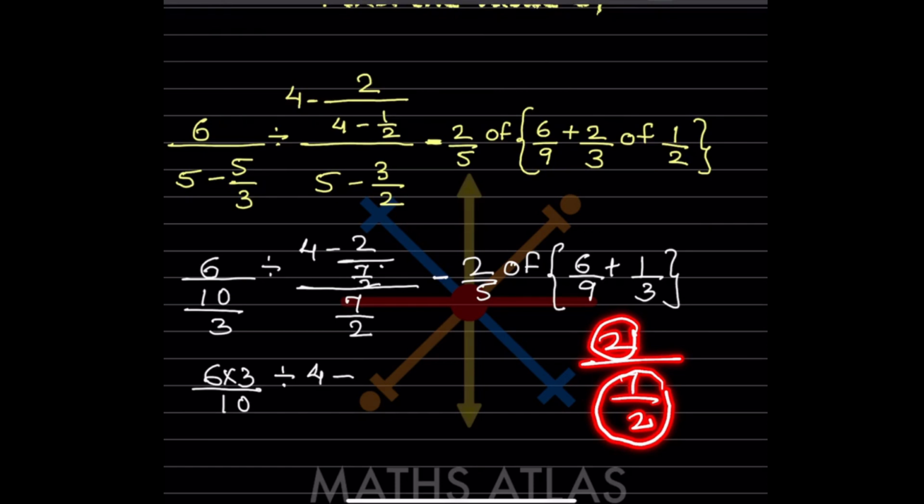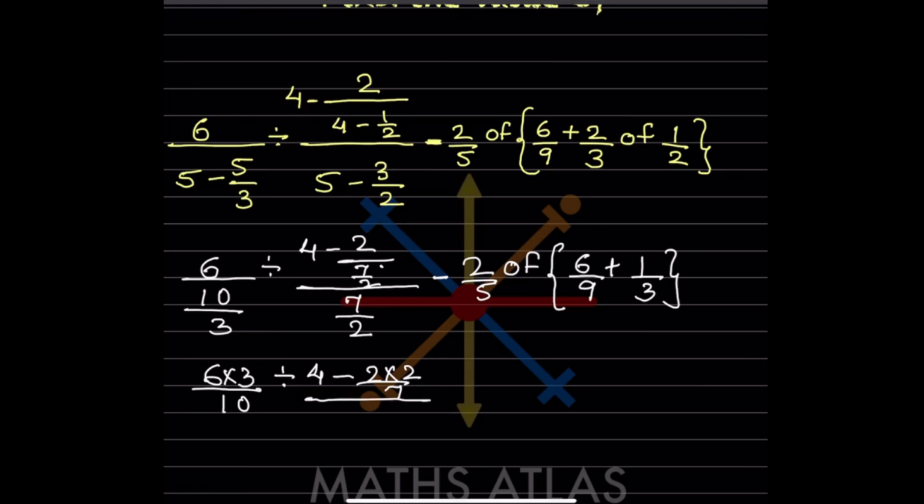Then it's easy to solve. So 2 will remain as it is and this will get flip over. So this will be 2 into 2 by 7. So we can write here 2 into 2 by 7 and divided by 7 by 2 will keep as it is. Minus here 2 by 5 of.